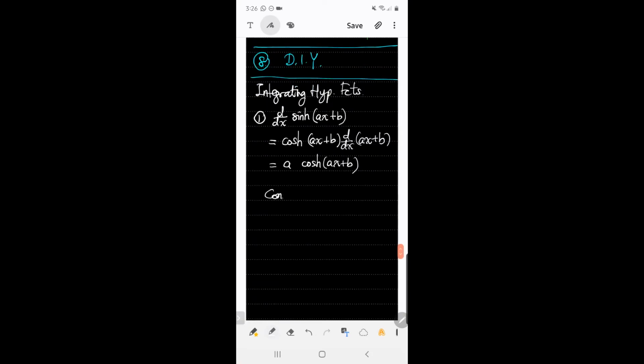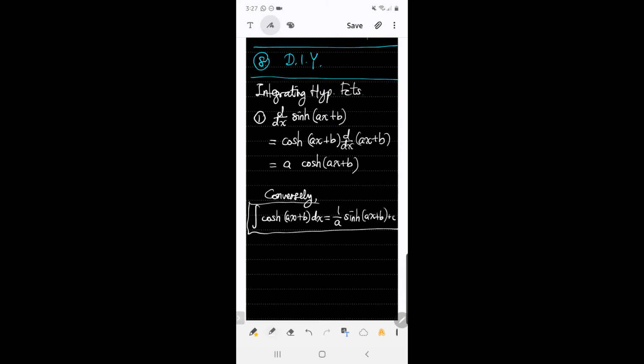Conversely, we are now looking at the other way. I can say the integral of cosh of ax plus b dx gives you 1 over a times sinh of ax plus b plus c. This is the result.